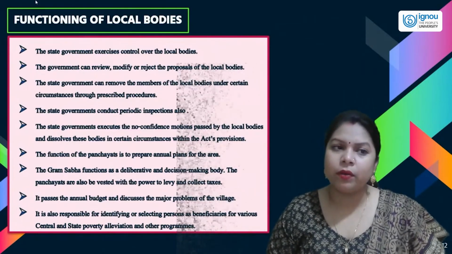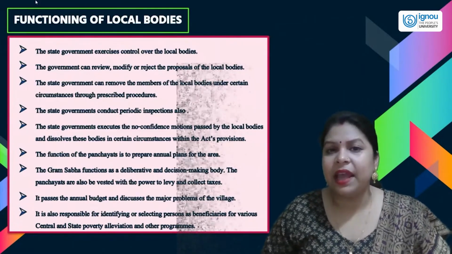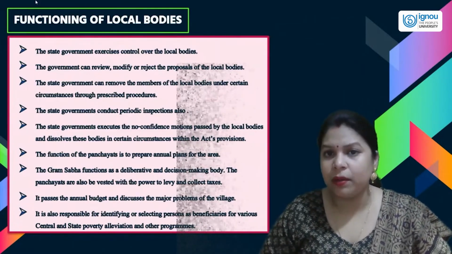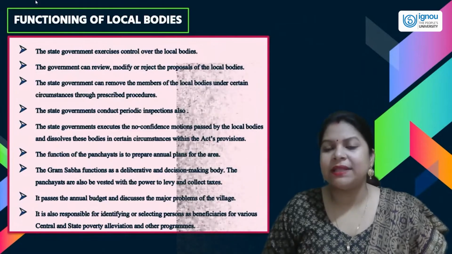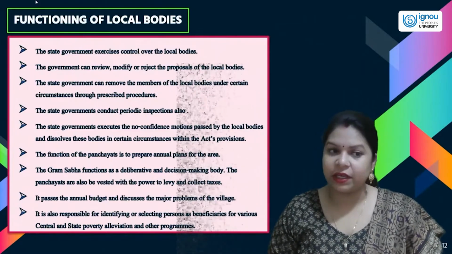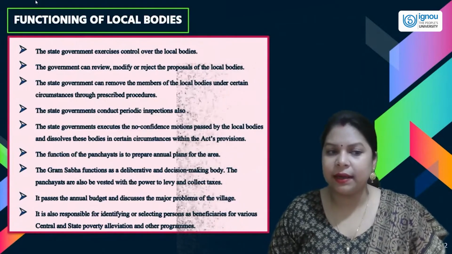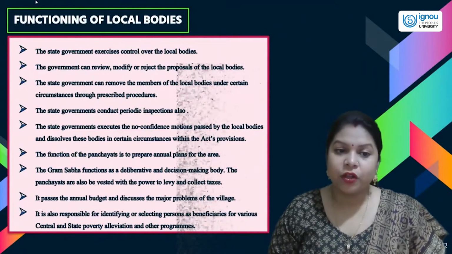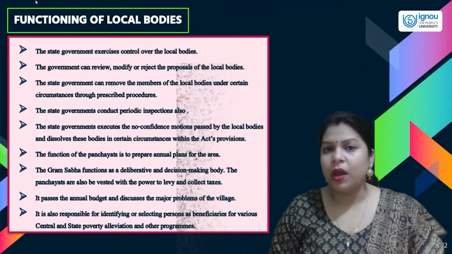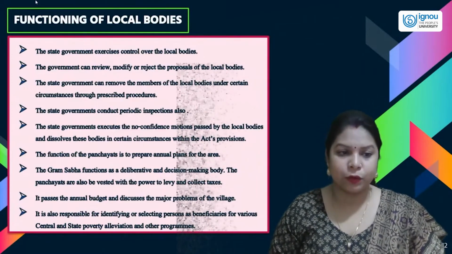The state government has the power to review the plans that local bodies have sent to them; they can modify them, and they can also reject them. The state government can remove the members of the local bodies under certain circumstances through prescribed procedures. So the state government has the power to remove the members of the local body also.